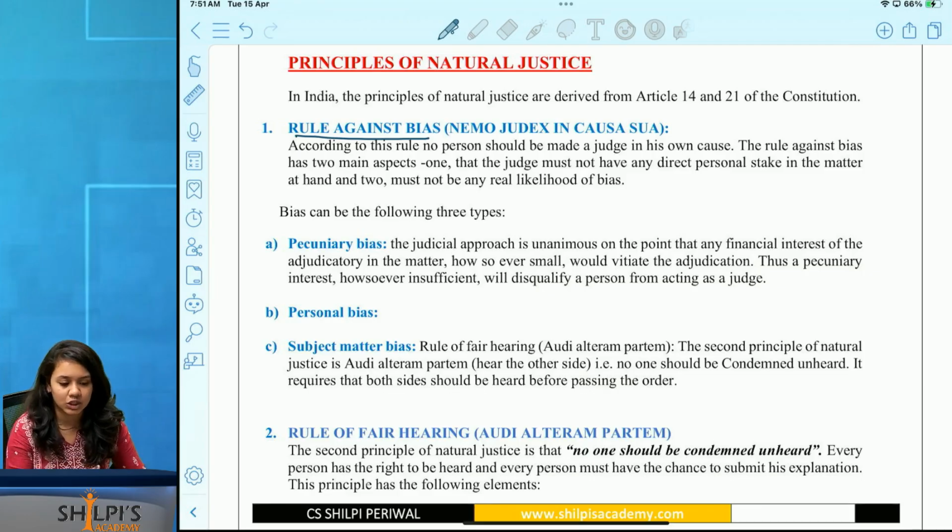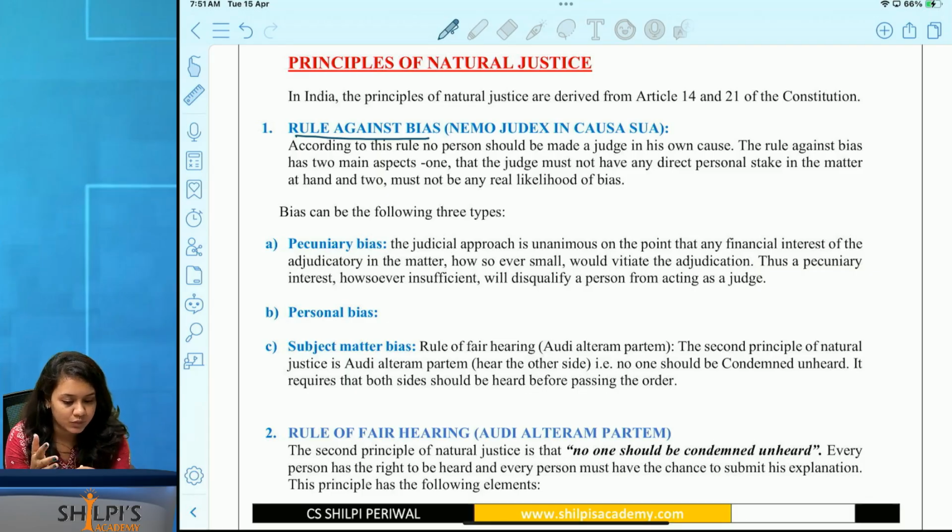That is, a judge must not have any personal relationship with the matter at hand, and there must not be any real likelihood of bias, in the sense that there can be different relationships that might arise between the judge and the matter that he is dealing with.